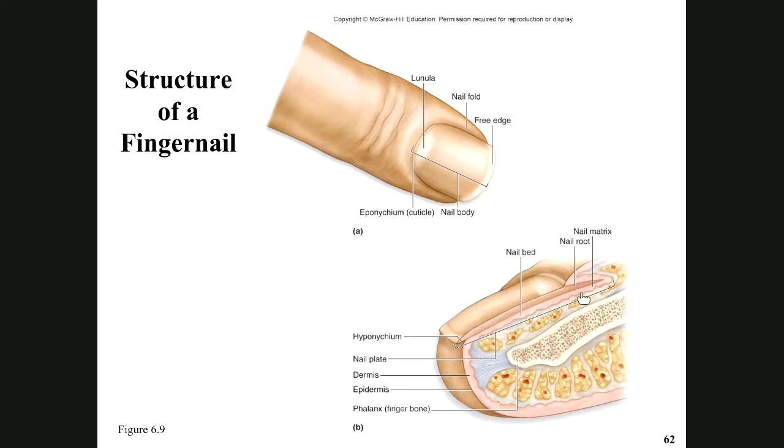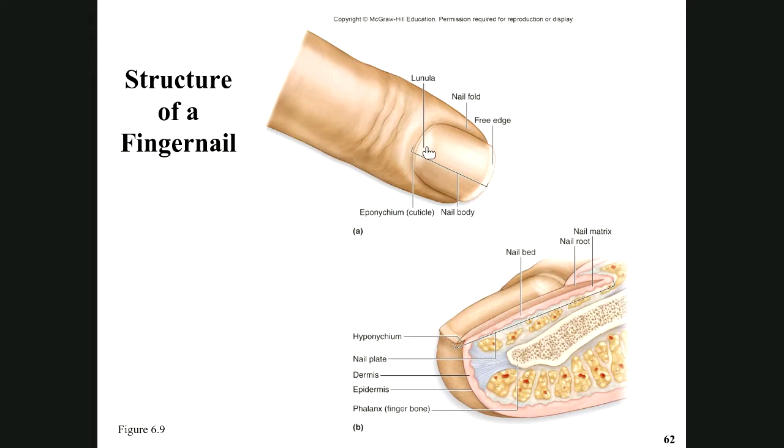In the nail matrix, we have some cells which do mitotic division, and this part is actually the growing part of the nail. The other part of the nail is called the lunula, and the lunula is this whitish semilunar area on the proximal end of the nail body.